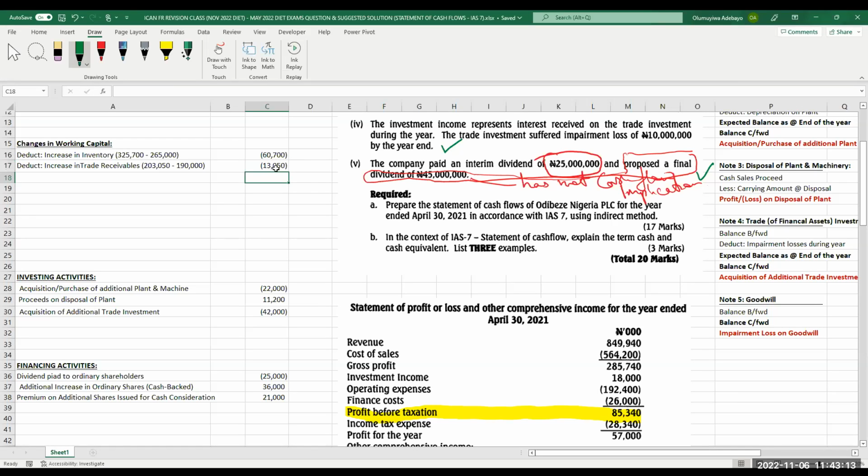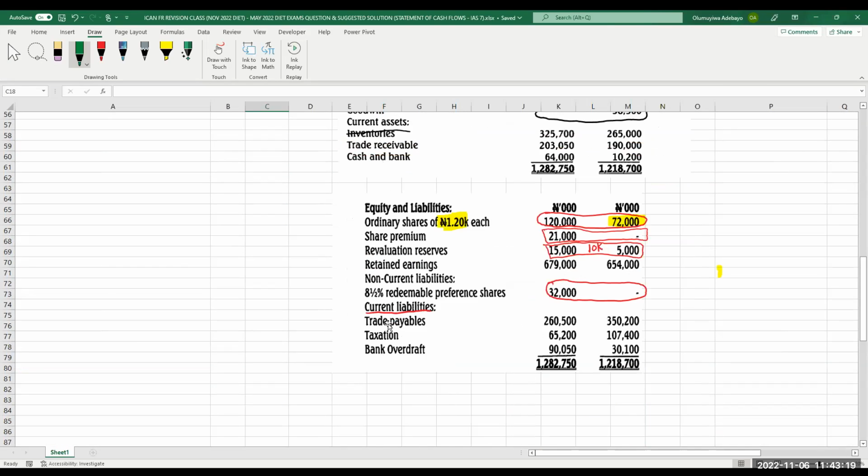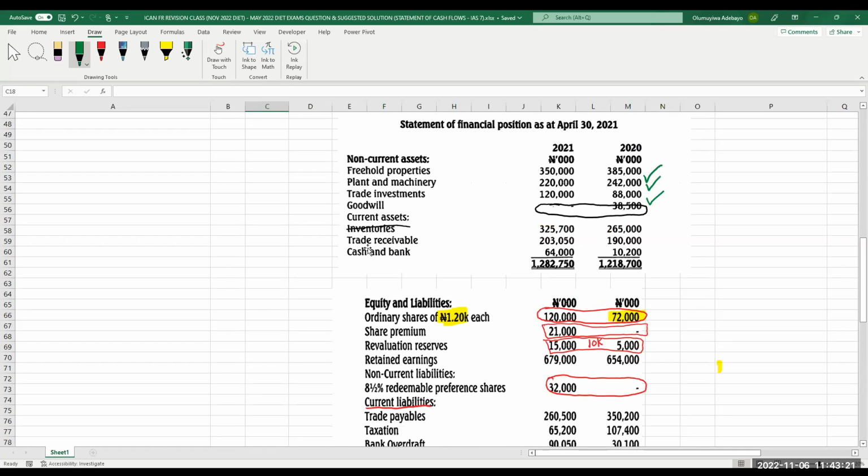So I should deduct it. Net is 13,050. Now, when it comes to cash and cash equivalent, you don't do anything. Take note. Why? Because that is what we are working towards.